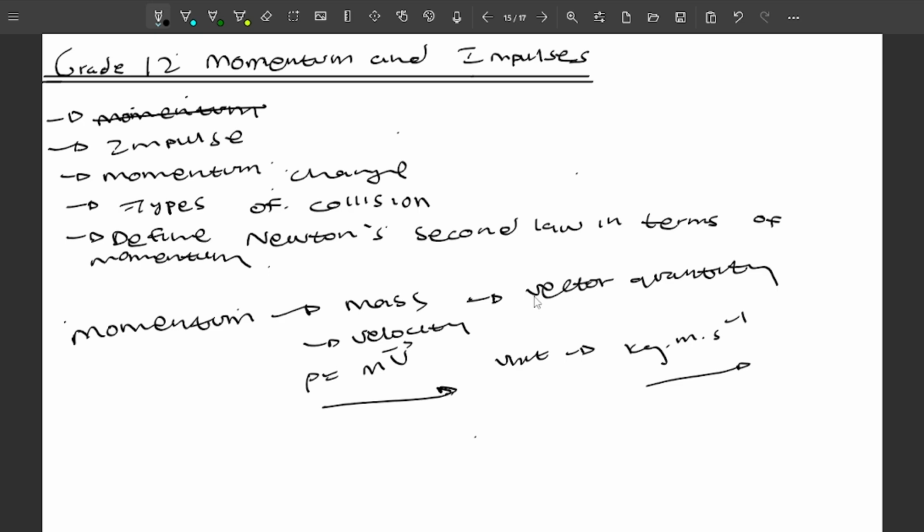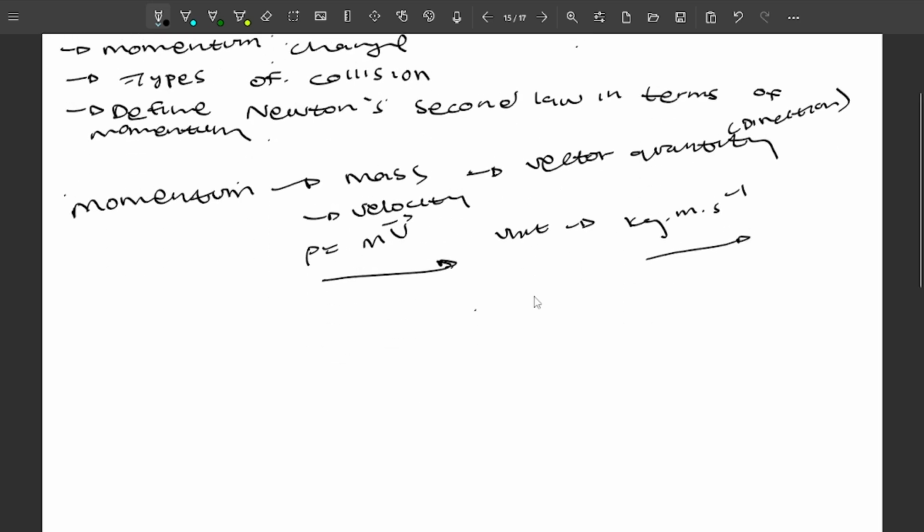And lastly, momentum is a vector quantity, meaning that it has a direction, and it's important not to forget that direction. The units just show us that momentum is made up of mass times velocity, because of the kilogram and meters per second. Right, now let's come to the change in momentum.